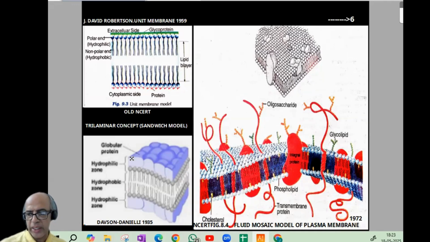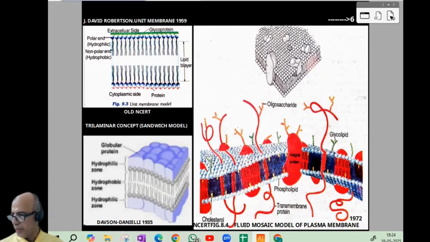Presently, NCERT is not directly dealing with these two diagrams, just mentioned, that's all. And this is the most famous fluid mosaic model of plasma membrane, proposed by Singer and Nicolson in 1972. It's a labeling question also, a famous question. So the 3-4 diagrams are just for reference, some are from old NCERT. Now we can proceed to the next page.